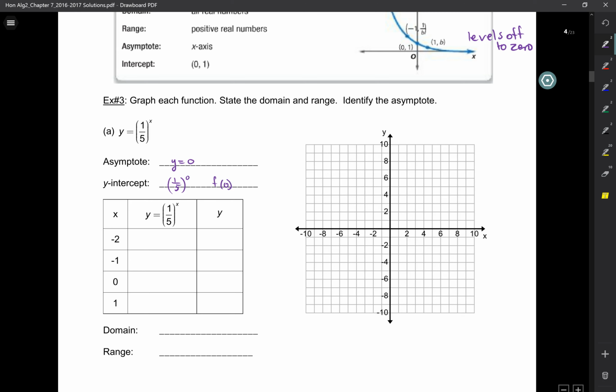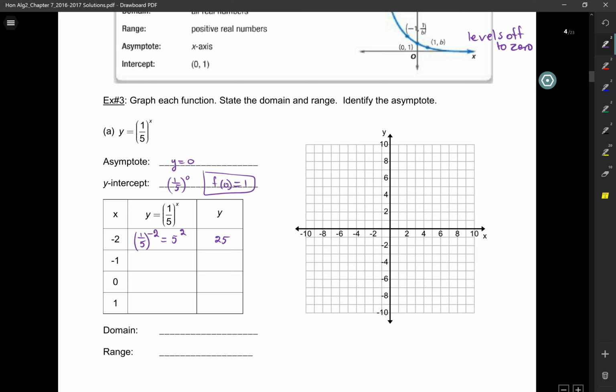1/5 to the power of 0 will be 1. Like here, 1/5 to the power of x, 0. Anything to the 0 is 1. Okay, so let's do these. 1/5 to the -2 is really 5 to the power of 2, which is 25.